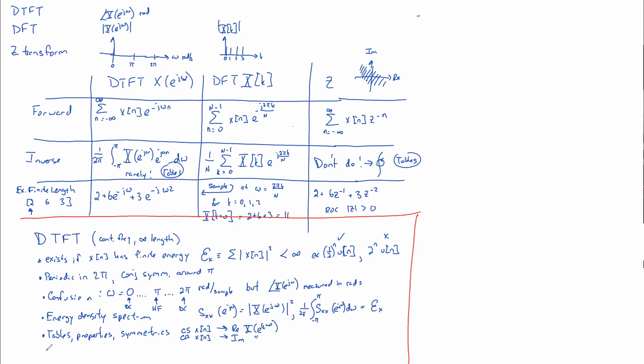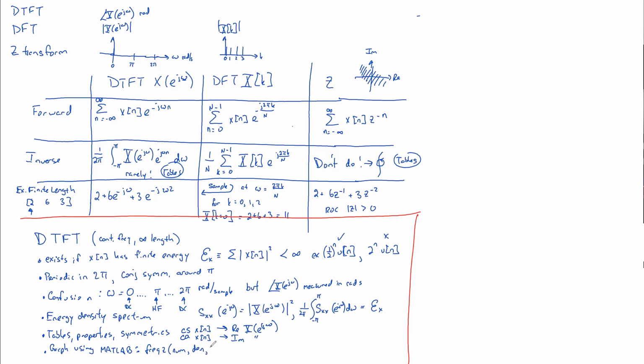And then how do you graph using MATLAB? You use the freqz command. That assumes that you already know what the DTFT is, and you put in the numerator coefficients and the denominator coefficients. As a particular example for this one, the numerator coefficients would be 2, 6, and 3. The denominator coefficient would be 1.